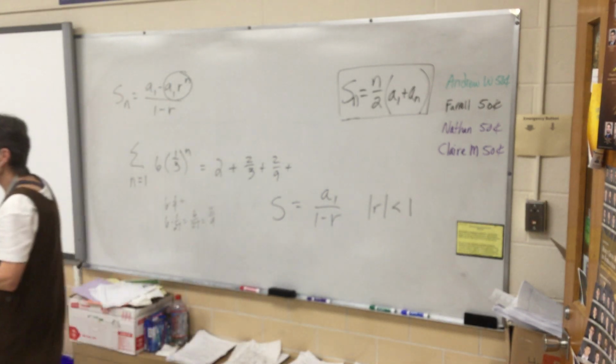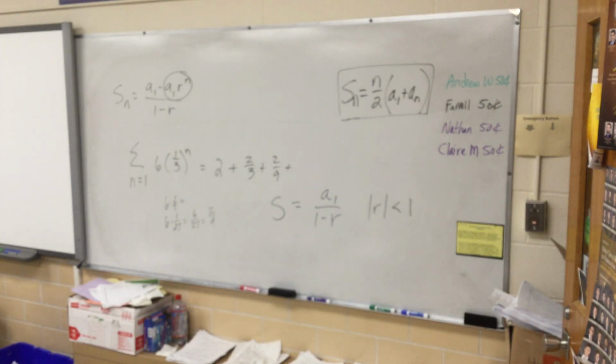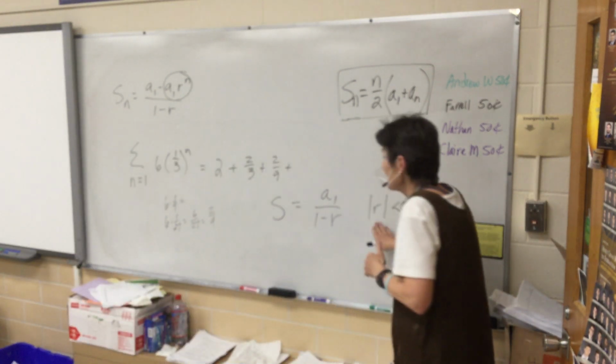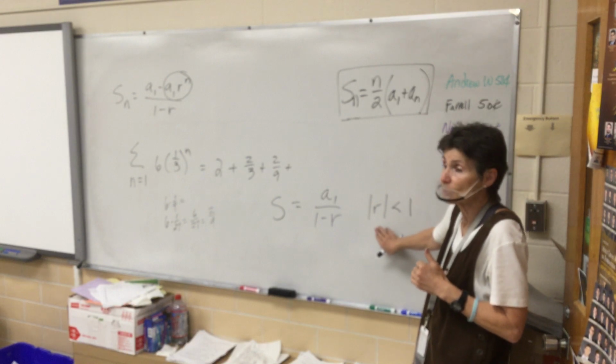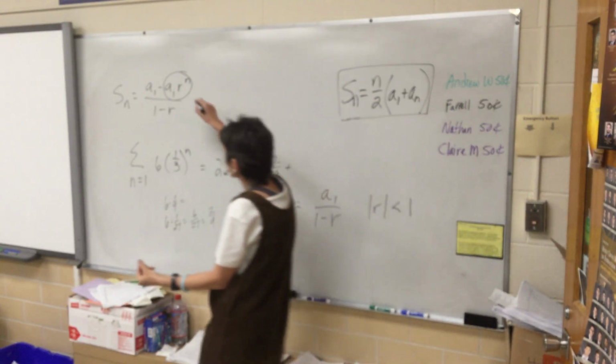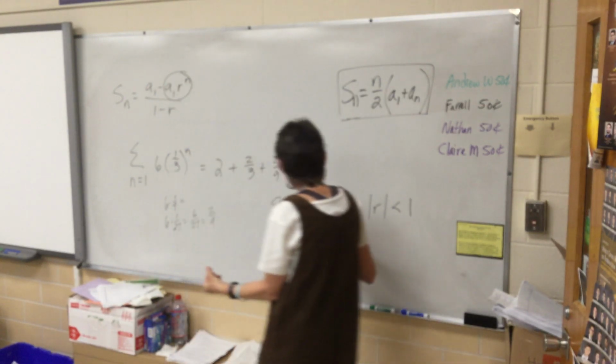If you think about trying to add 2 plus 6 plus 18 plus 54, you can't do it. They just keep getting bigger. So the key to being able to sum an infinite series is that the ratio has to have an absolute value less than 1 so that the terms are getting smaller. That will cause this to go away, and then you can add it up.